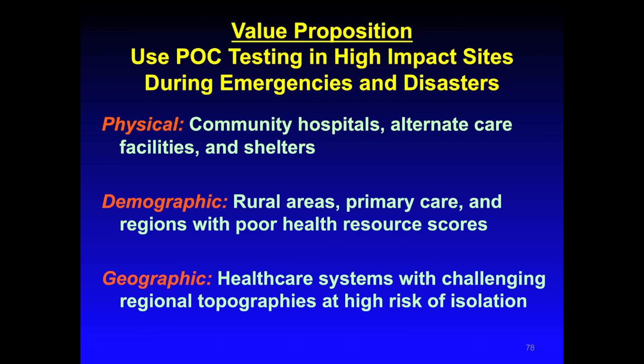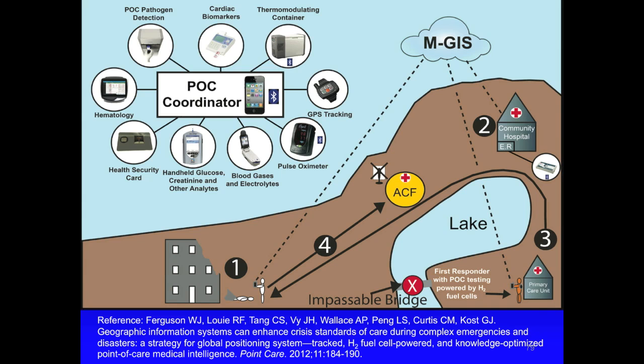Slide 78 emphasizes that these value propositions will use point-of-care testing in high-impact sites, will take into consideration physical, demographic, and geographic attributes.